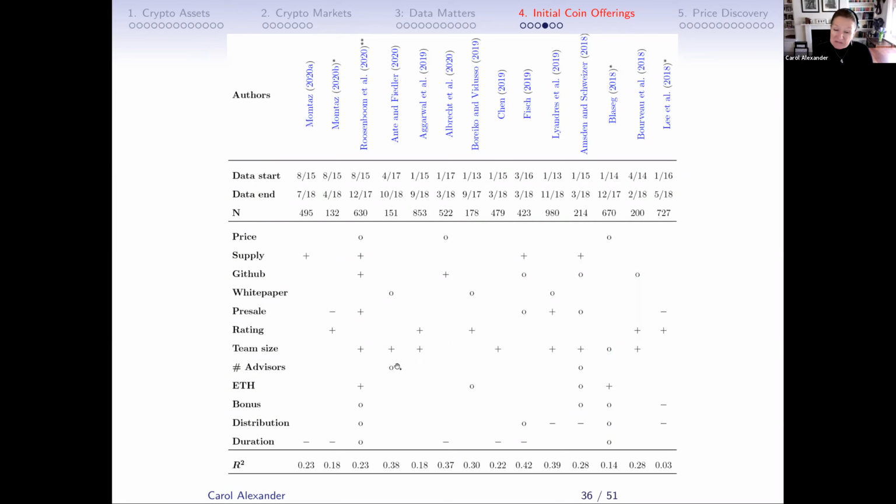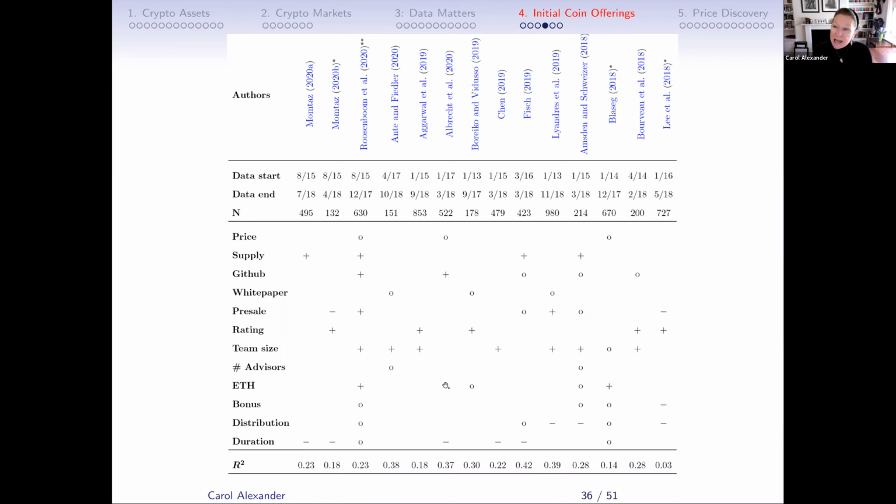The advisory, no. Whether or not, this is the price of Ether, the more valuable Ether is, since most of them are primarily accepting Ether, should have a positive effect. Bonus for early investment, no particular effect. And duration had some negative effect, so did distribution.